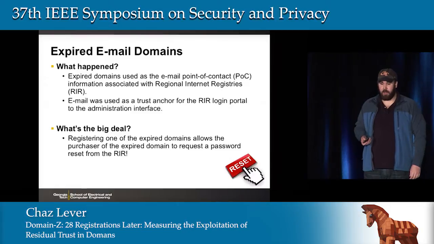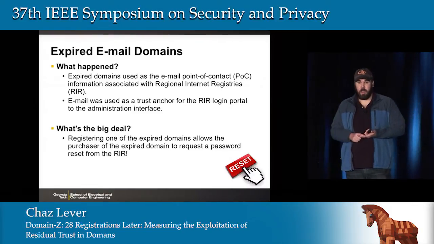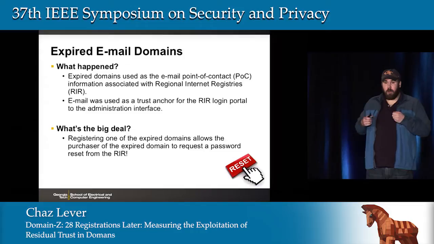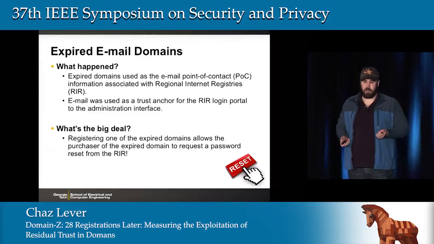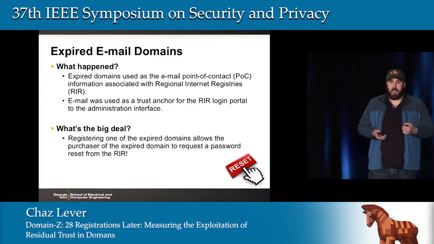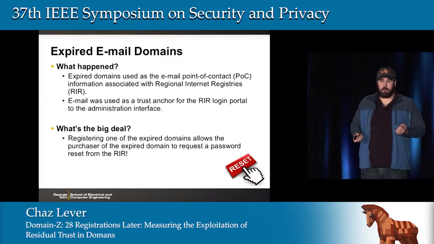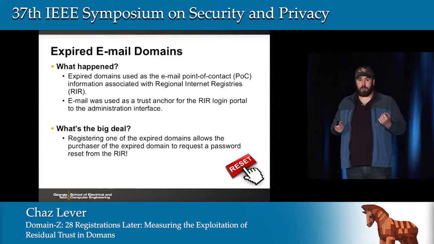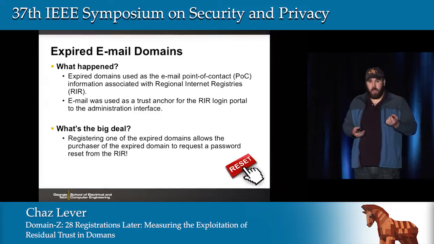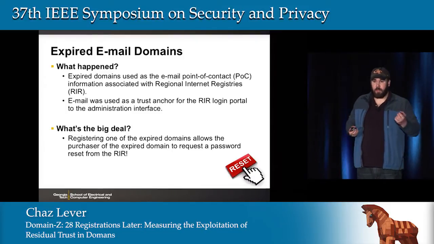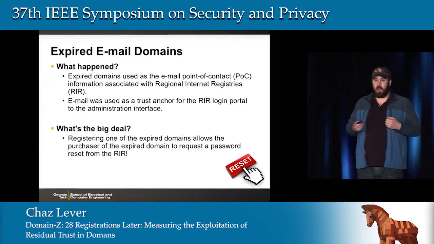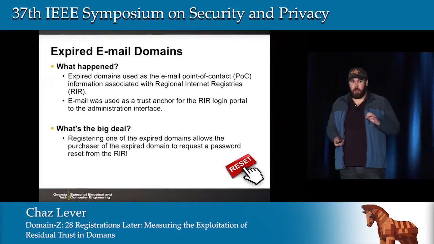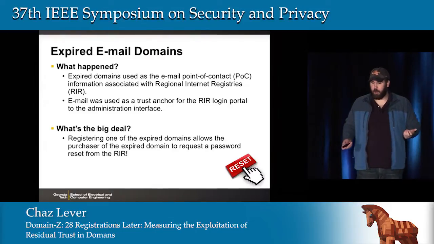So we actually found that there were hundreds of these email addresses that were under expired domain names, and these were available for immediate re-registration. So what this meant was that anyone could go and buy one of these domains, stand up their own mail server, go to the login portal, and request a password reset. This meant you could log into the portal with your new credentials, and now you could make unauthorized changes to IP allocations. Clearly, this isn't something that you want happening on the internet.